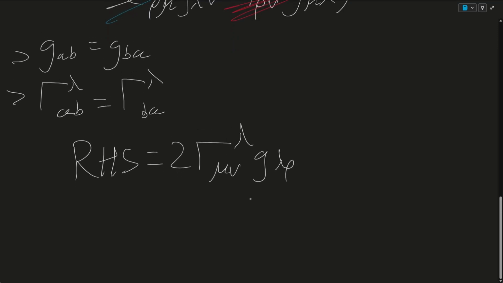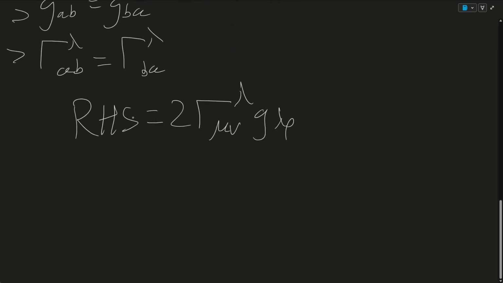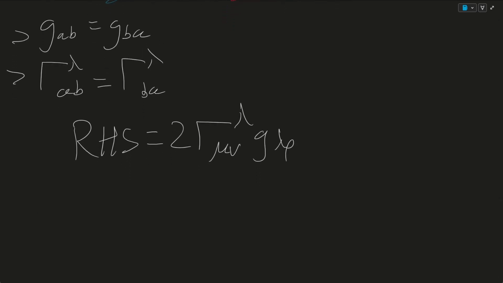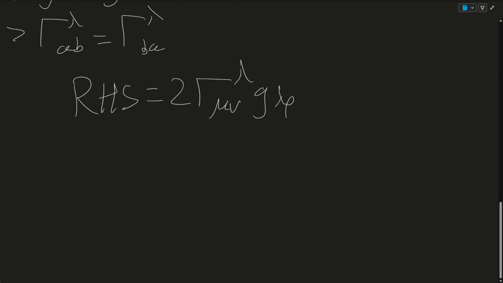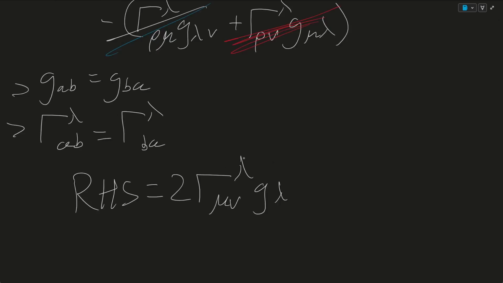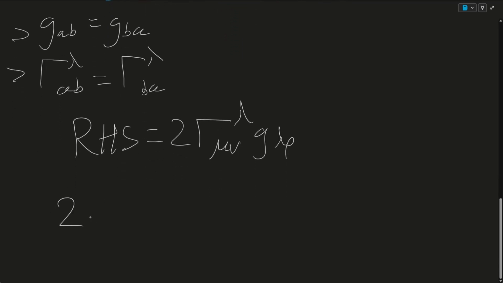Okay, so now with some manipulation we take things to the other sides, and what I'll say here is that the inverse metric of 2g lambda rho, if you multiplied one to the other, they would equal 1.